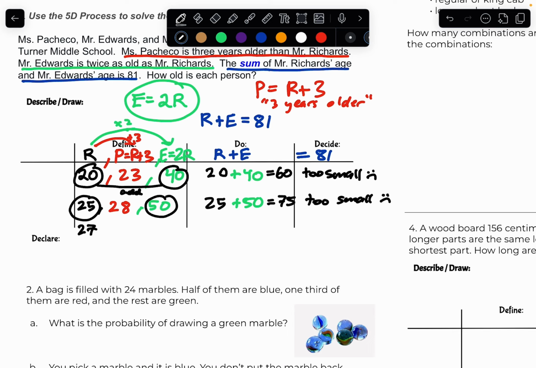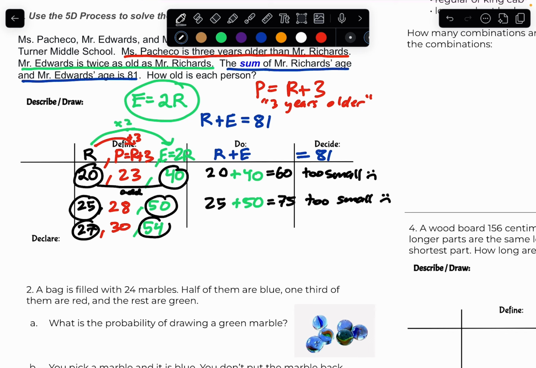So if Mr. Richards is 27, that means Miss Pacheco is 3 years older, 30. And hopefully you got this one right. What's 27 times 2? 27 times 2 happens to be 54.